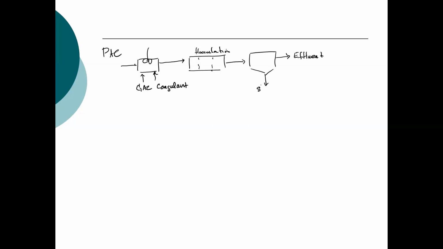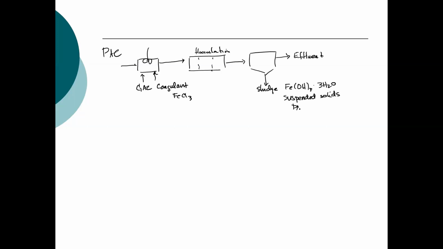And our sludge contains any precipitate. So for instance, if we added ferric chloride, this would contain ferric hydroxide. It would contain any suspended solids.